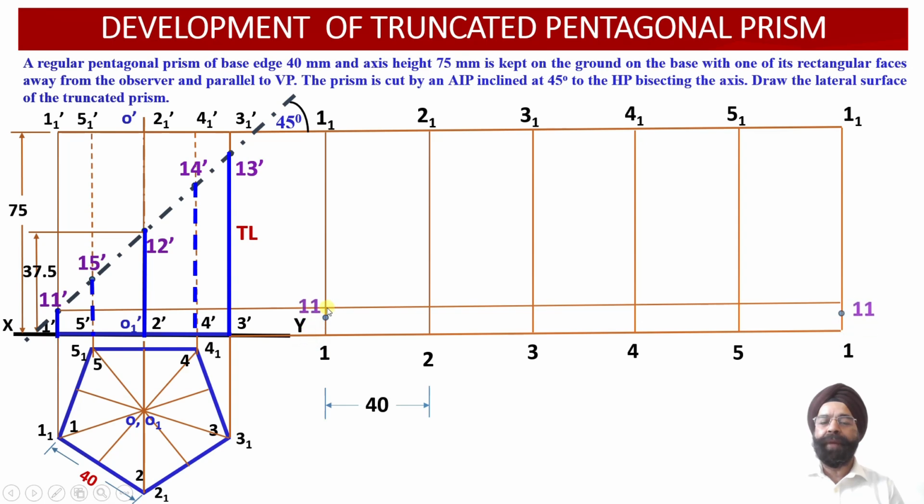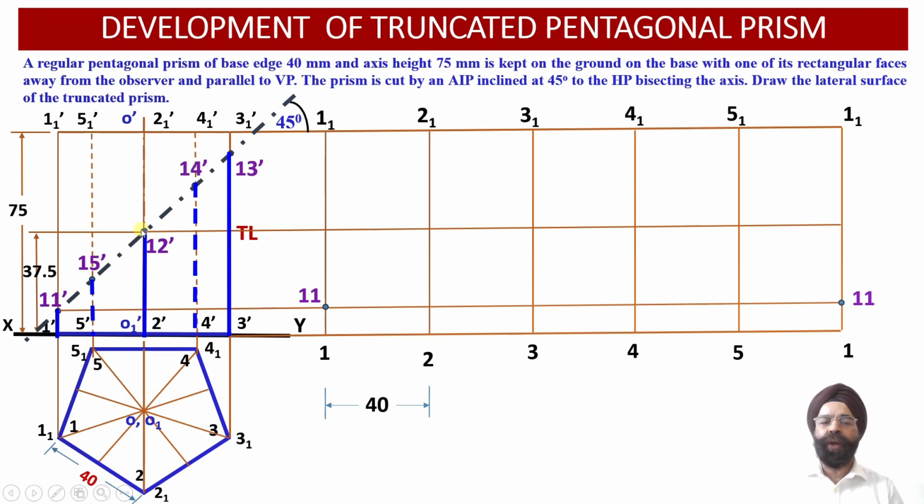So point number 11 has been located at the start of the development, and point number 11 has been obtained at the end of the developed surface over here, on the vertical edge 1 1 and 1. Now the second point of intersection, that is 12 dash. Point 12 dash lies on the vertical edge 2 1 dash and 2 dash in the elevation projection view.